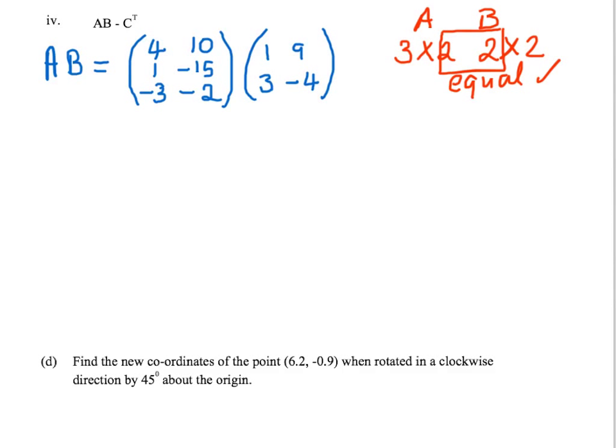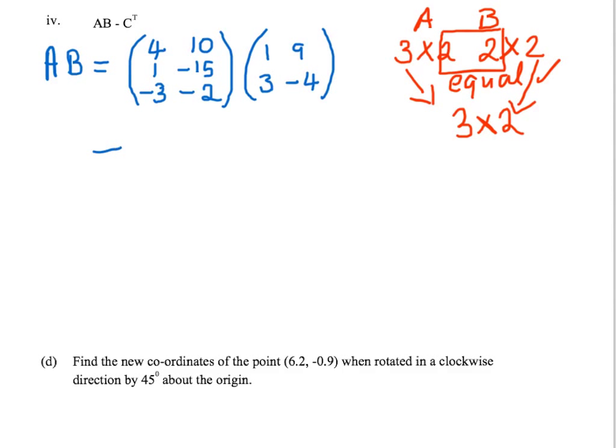If at this stage you found that these two numbers are not equal, then you would have to finish the problem and conclude that it's not possible to multiply A by B. However, in this case it is. And not only that, but the two outside numbers will show me what the order of the solution matrix is. So the solution matrix for A multiplied by B is going to be a 3 by 2. So it's going to look like the matrix A in form.